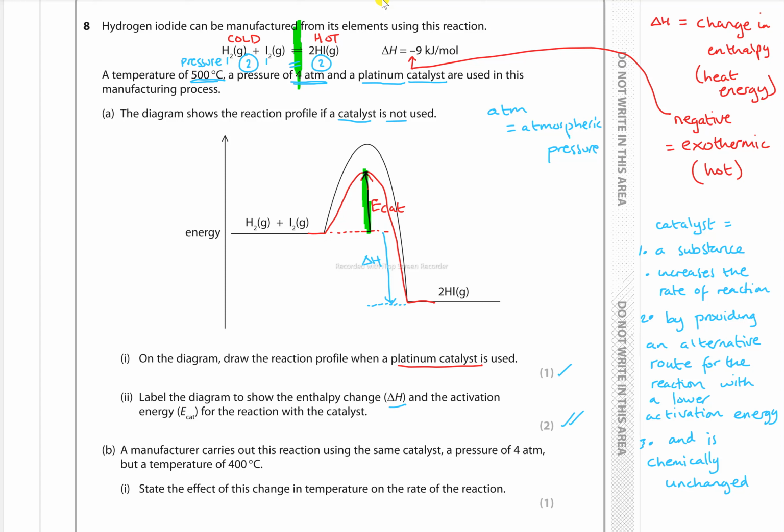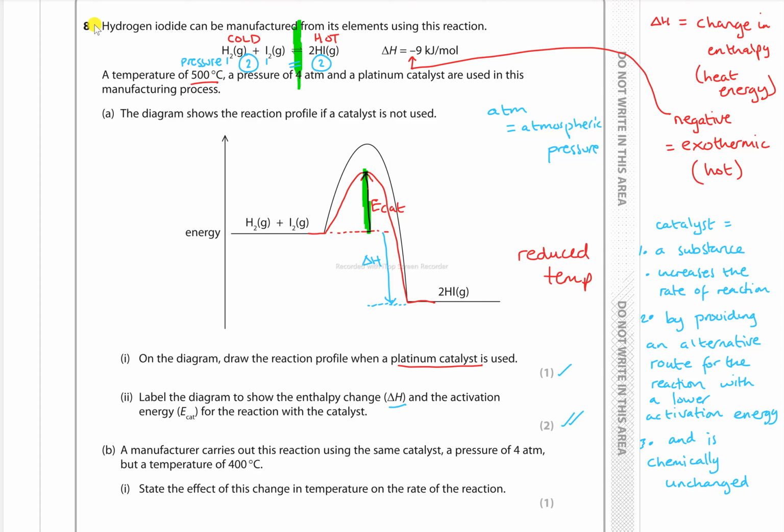Right, a manufacturer carries out this reaction using the same catalyst. So let me get rid of this. Right, okay, let's try this again. It's at 400 instead of 500. So we've reduced the pressure, we've lowered the temperature, and the system wants to go to the high temperature side, so it will go to the hot side.